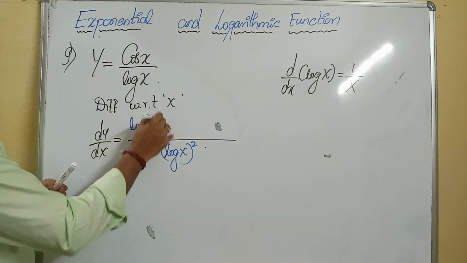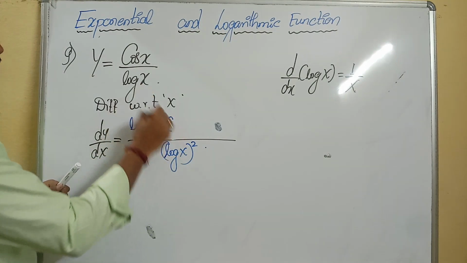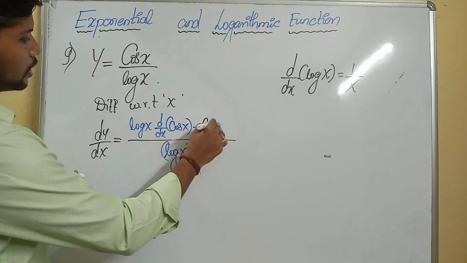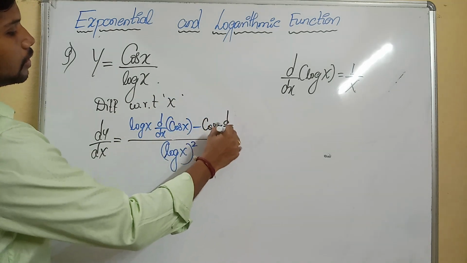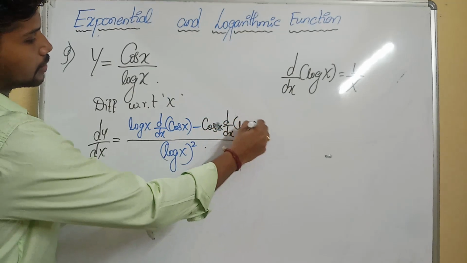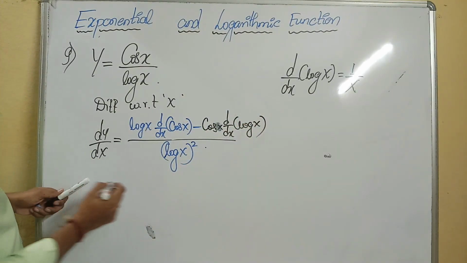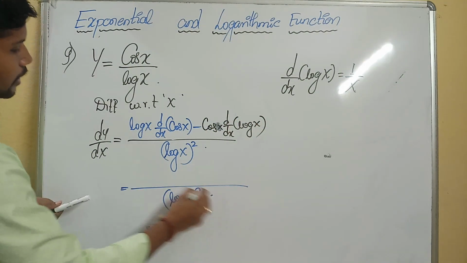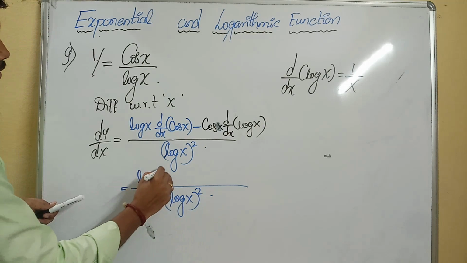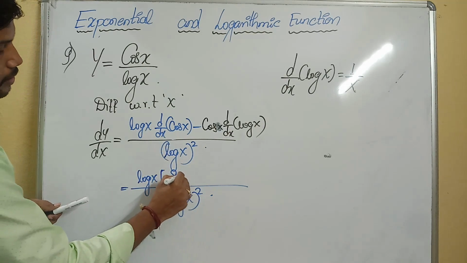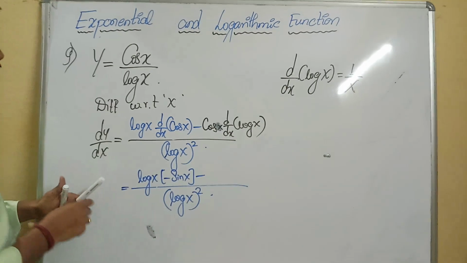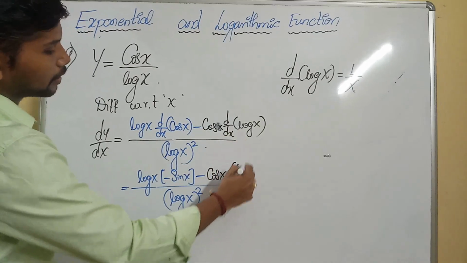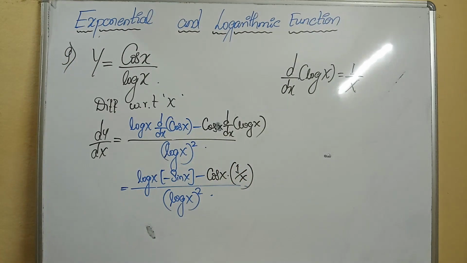Denominator as it is, d by dx of the numerator is cos x, minus, I write cos x as it is, d by dx of log of x I need to take. Okay. Now the next step will be denominator as it is, log x square. Log x as it is, the cos derivative will be minus sine of x, minus cos x, let it be as it is, the log x derivative will be 1 by x. Further you can simplify it.